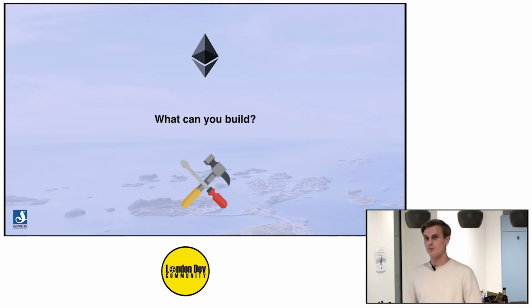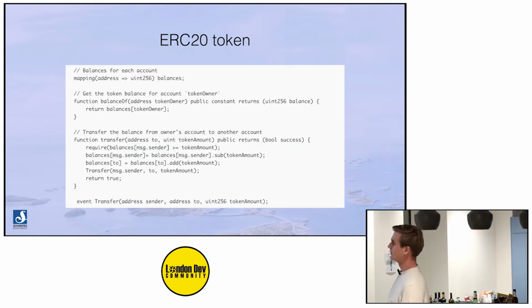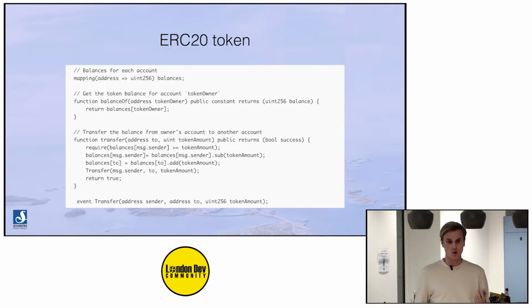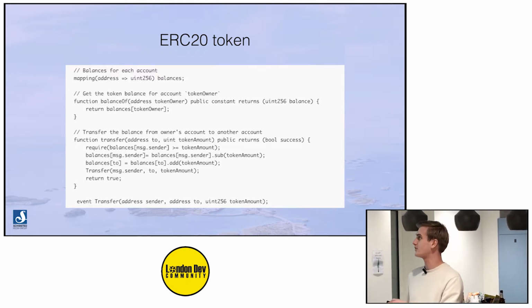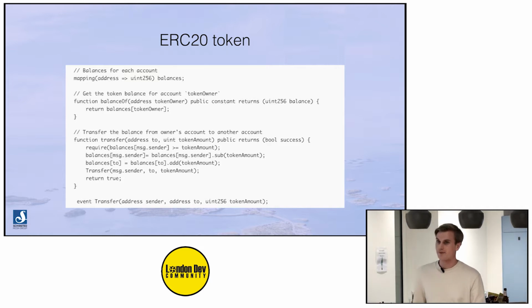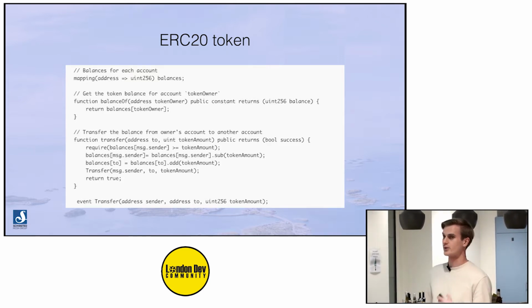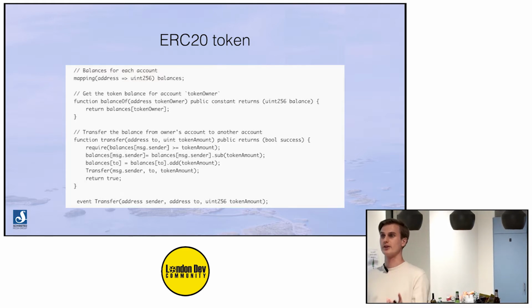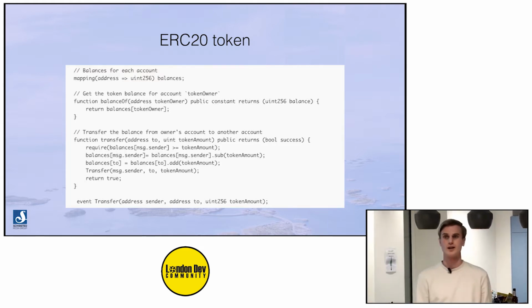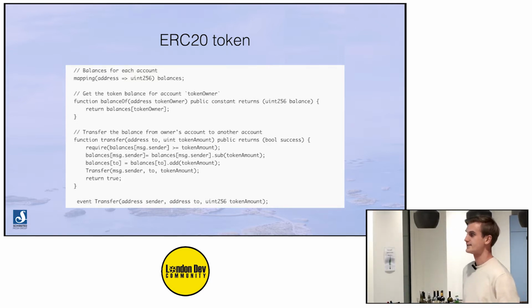Okay, so what can you build with this? What does this enable? If we look at tokens, ERC20 tokens, that's Ethereum Request for Comment, these have totally blown up, and it's a standard for creating tokens. What you do is create some accounting on top of a smart contract, or a contract account in Ethereum, and that is essentially a token.